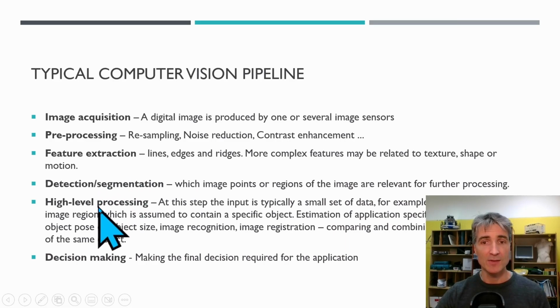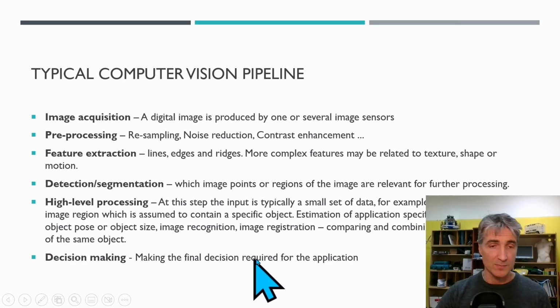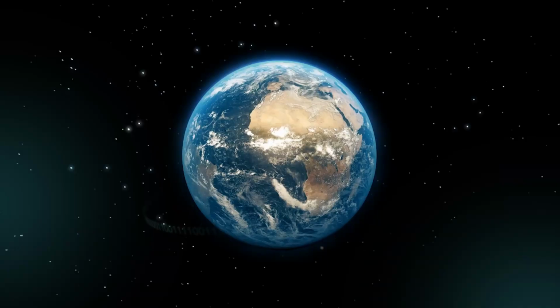And on the high level, we do even more complicated things. Maybe we can try to reconstruct a 3D scene or something even more complex. In the end, this should lead to some decision making. For example, in robotics, the robot will decide what to do based on what it sees.